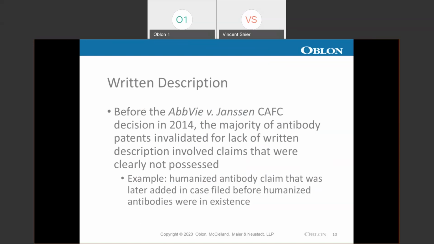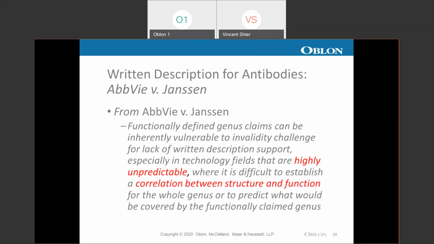AbbVie developed its IL-12 antibodies using phage display, which involved creating a large library of human DNA fragments and screening for those fragments that encoded an antibody fragment with IL-12 binding affinity. However, AbbVie had isolated only one primary clone, Joe9, from which several derivatives via amino acid mutations were formed.